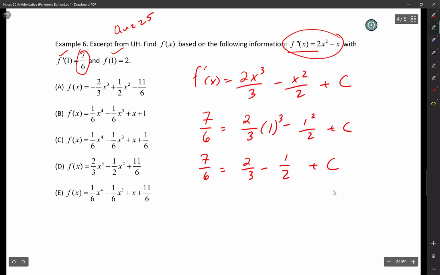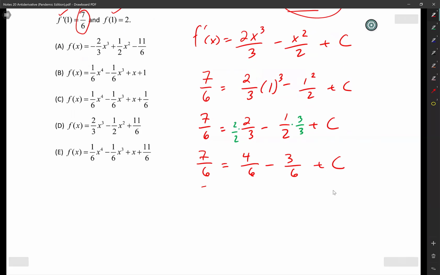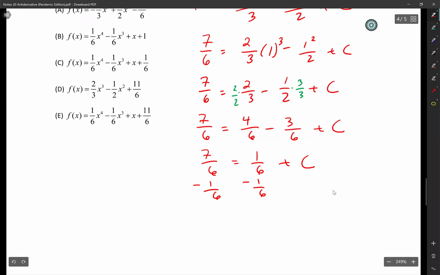Common denominator. I'm going to multiply this by 2 over 2, and this by 3 over 3. I guess if you have a calculator, you don't need to do any of that. But we don't have a calculator right now, so we're just doing everything freehand. Let's see, 4/6 minus 3/6 plus c. 4/6 minus 3/6 is 1/6. And you can already see they're being nice to us. I'm going to subtract 1/6, and I can see that I'm going to get 6/6, which is just 1.